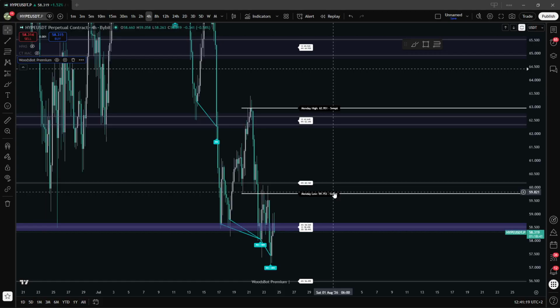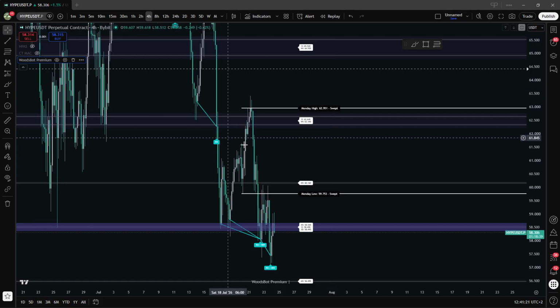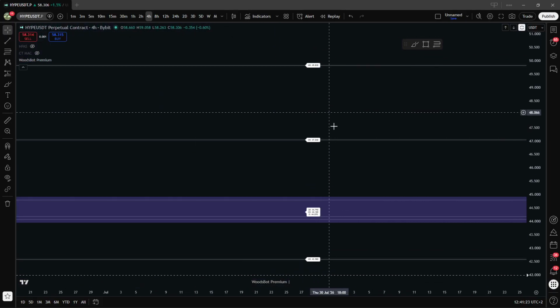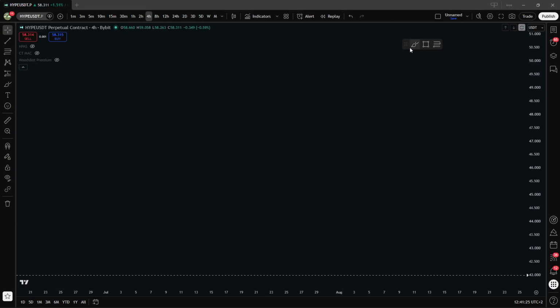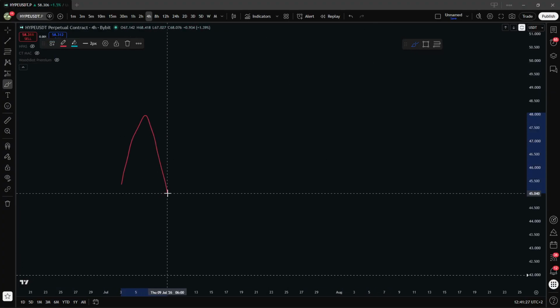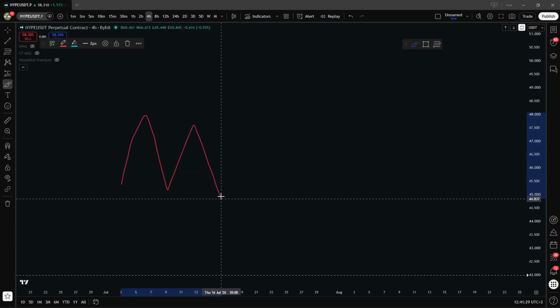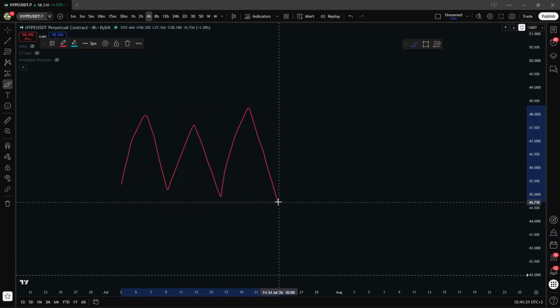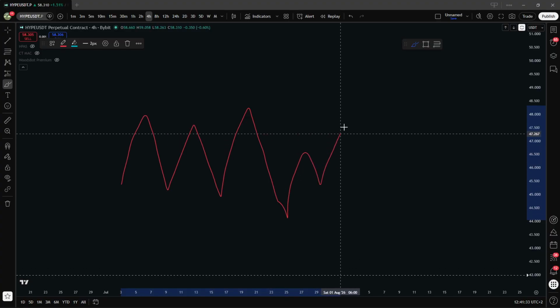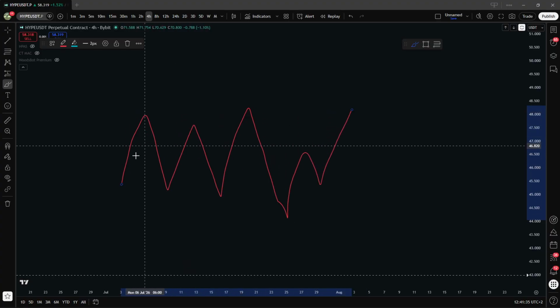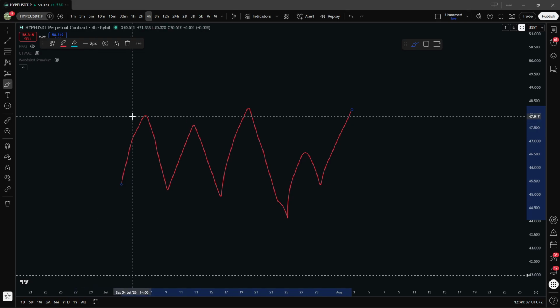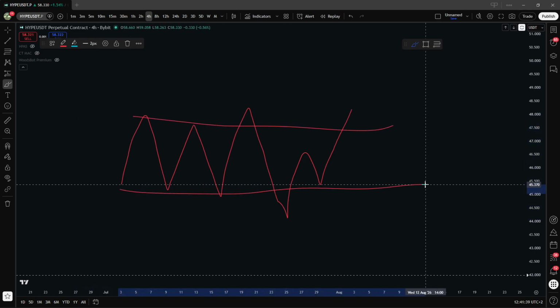You've all seen this when price action is ranging, right? I'm just gonna draw something for you guys. So when price action is ranging, it forms a range. But what you can see here is you have a range, right? You have relatively equal highs and relatively equal lows.